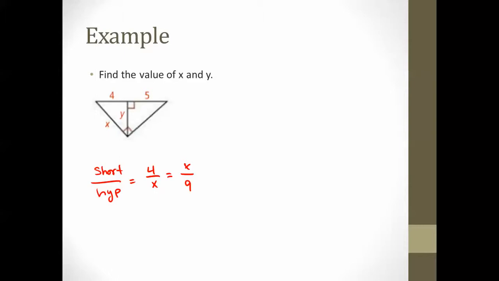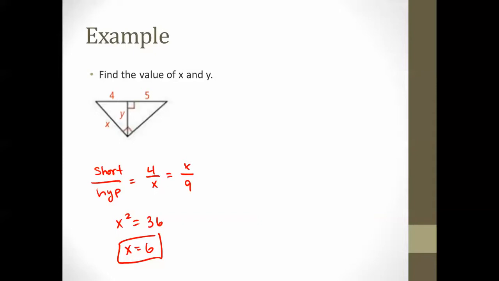So notice in the small triangle, short leg over hypotenuse, that's 4 over x. And then the big triangle, the short leg is x and the hypotenuse is 4 plus 5, which is 9. So 4 over x equals x over 9. Cross multiply, we get x squared equals 36, so x equals 6.